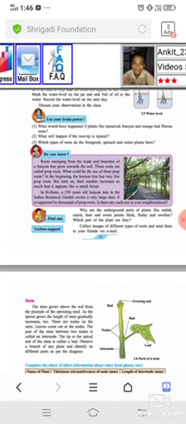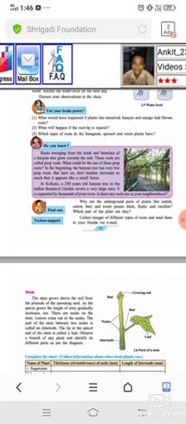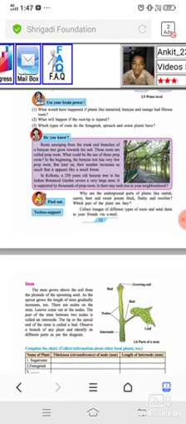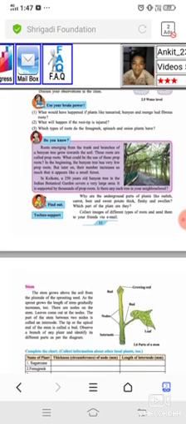A 250 years old banyan tree in the Indian Botanical Garden covers a very large area. It is supported by thousands of prop roots. Is there any such tree in your neighborhood?